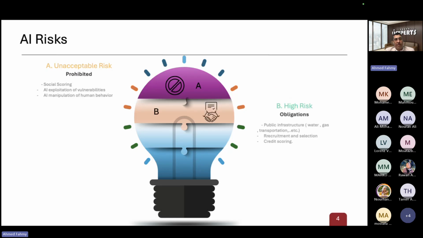We have another segment of AI systems that come with what we call high-risk solutions. Those come with a high risk that may impact humans and societies, something like, for instance, AI machines used in recruitment, specifically if the recruitment process relies on facial detection, okay? Those AI machines that are used, for instance, for credit scoring.